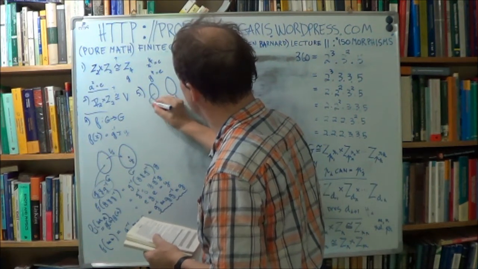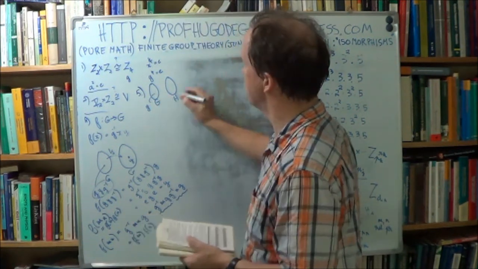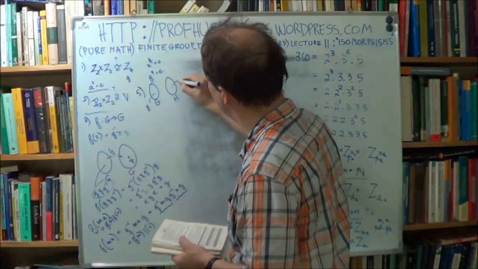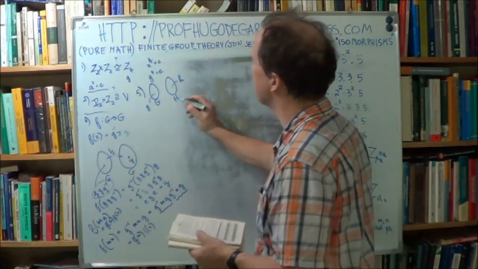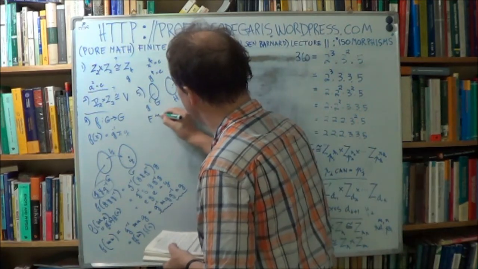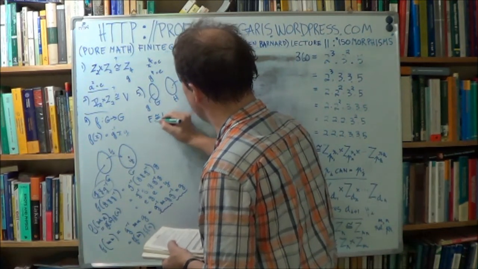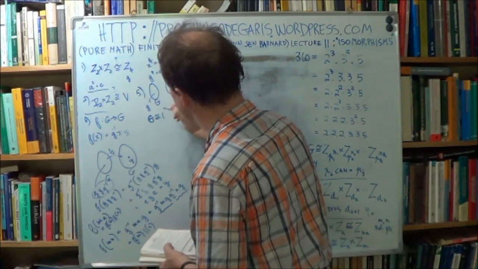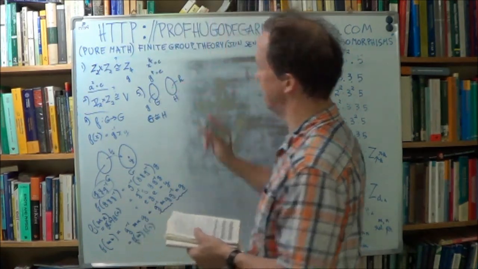This is a general element g belonging to big G, and this is a general element h belonging to H. You're told that G is isomorphic to H.